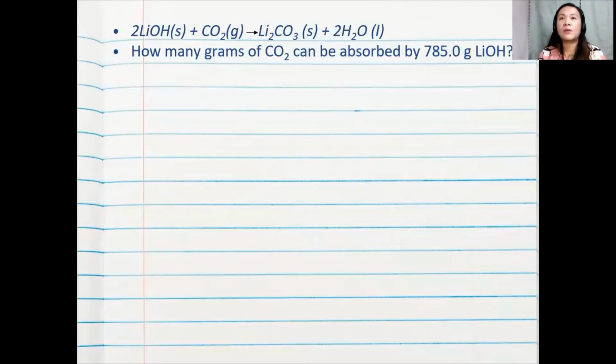Or let's say we are given a reactant, like LiOH, and you need to produce Li2CO3 and water. How many grams of carbon dioxide do you need? Of course, you cannot just put anything that you like, so you really have to mix them together.